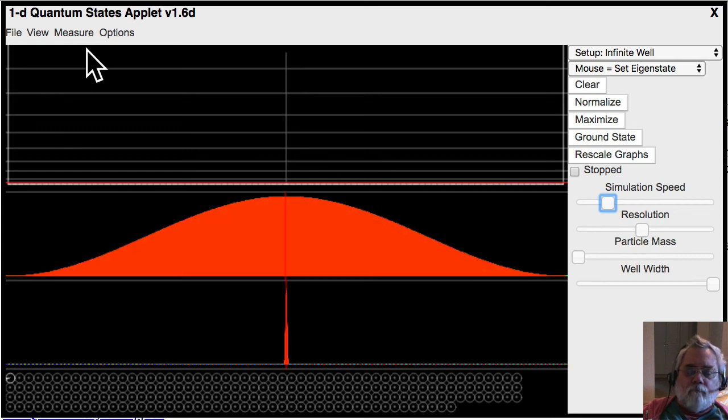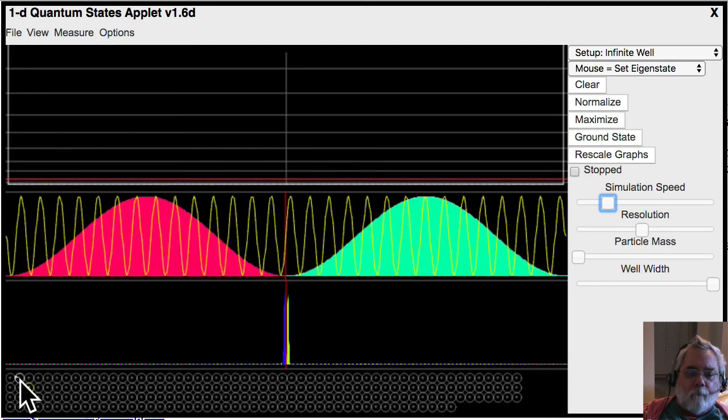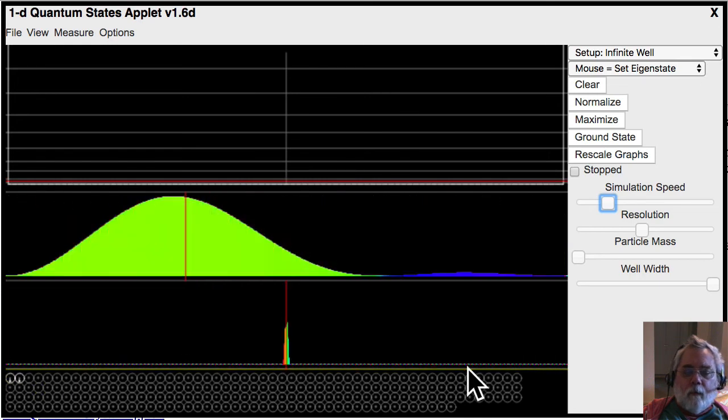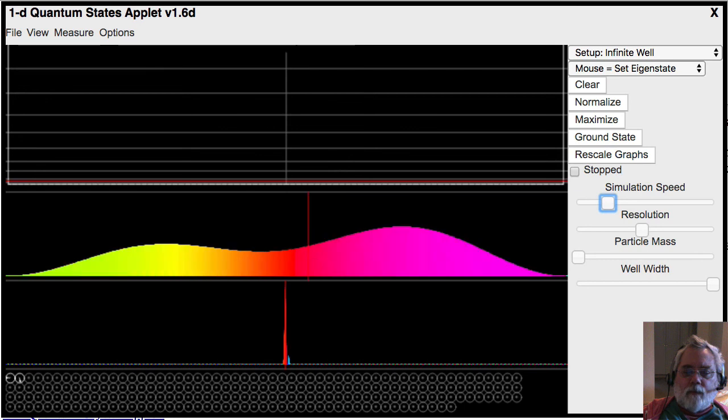This time, just randomly, we ended up in the ground state. Let's see if I can get us back there. Okay, we're back in the superposition state.